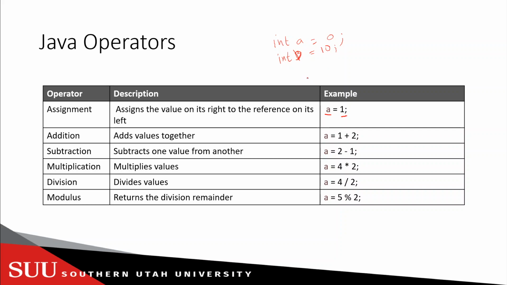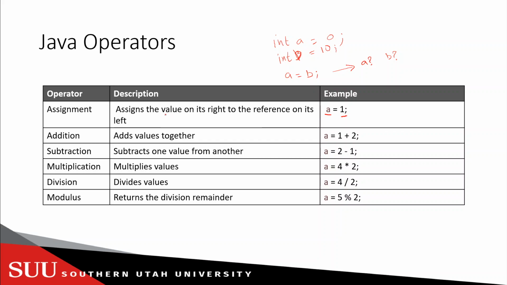Then I come to this line and say, okay, now what I want to do is a is equal to b. Which one of those is going to change? If I say this statement, what is a and what is b? So let's look at this.